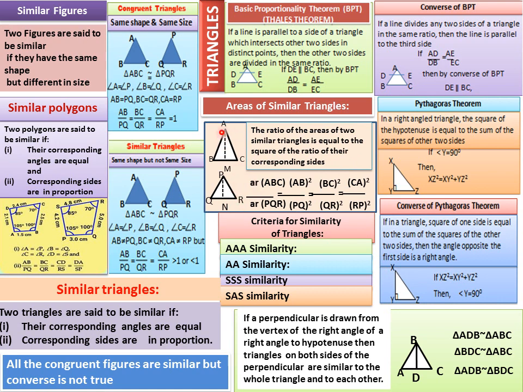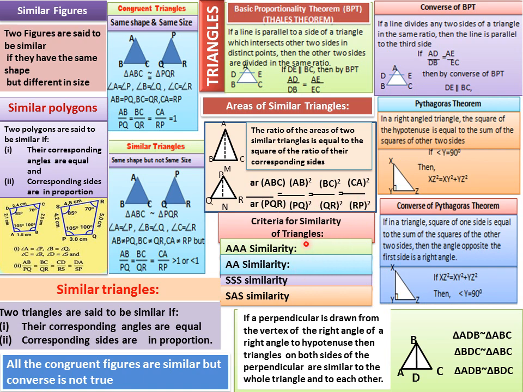That means the area of triangle ABC divided by the area of triangle PQR is equal to AB square divided by PQ square, and that is equal to AC square divided by PR square, and that is also equal to BC square by QR square. So that is the areas of similar triangles. In the problem you will be given any of these and you are asked to find the other one.